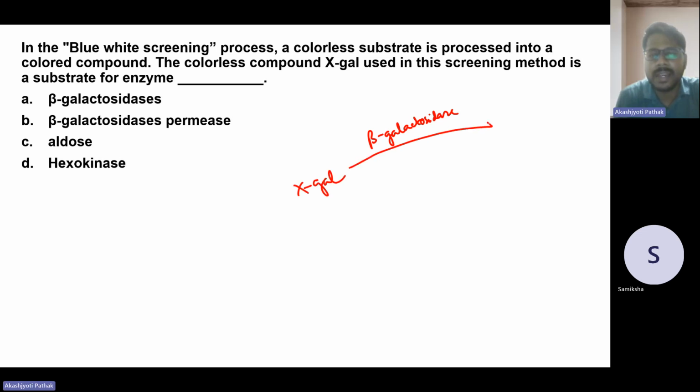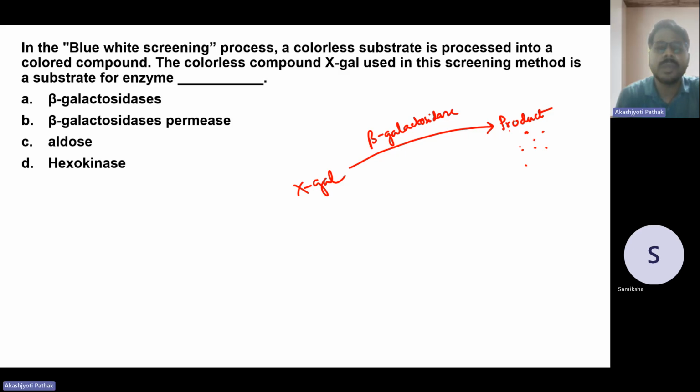It can convert X-gal into a product. When X-gal is converted into the product, you get a color. You see blue colonies, because of the formation of this colored product.